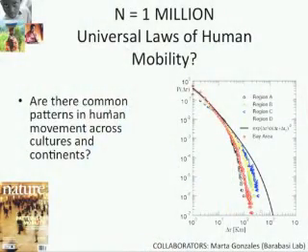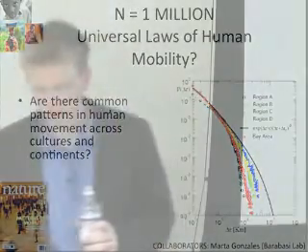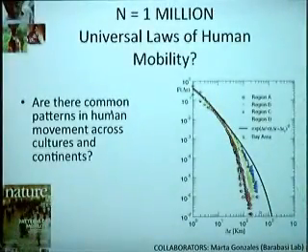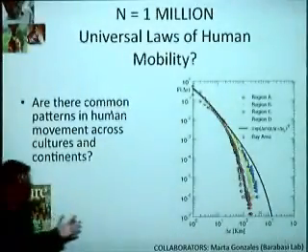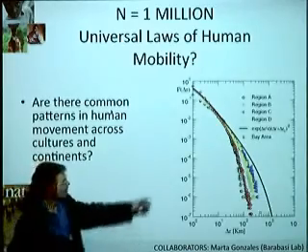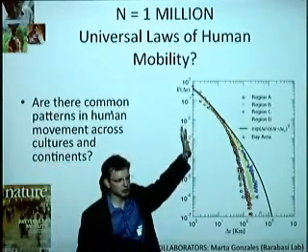So I hate the term universal law of human anything. But this was the name of the grant that we got, and so it's now the title of the slide. The idea is quantifying how mobility models scale over different people from different cultures and different continents. What Marta did earlier last year was parameterize a population's mobility in terms of a radius of gyration, using a standard gravity model.